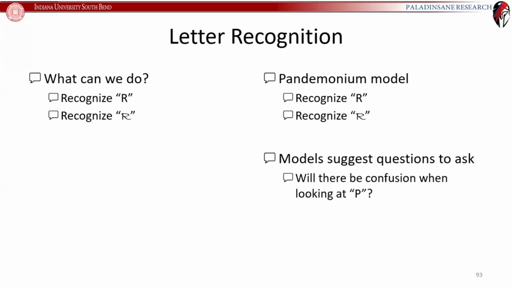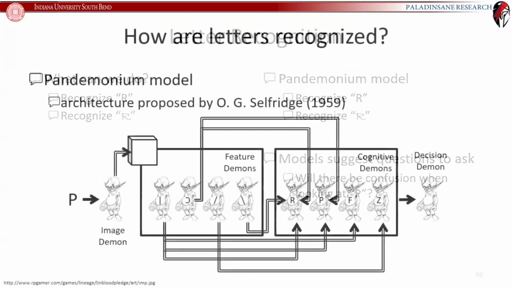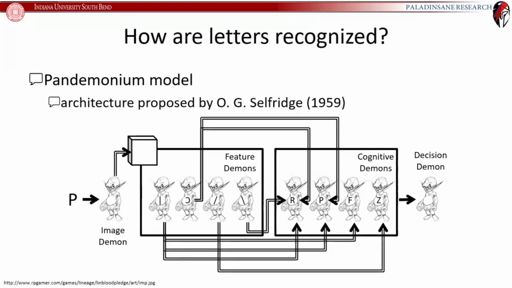A really nice way of testing whether you understand how this pandemonium model works is to take a look at whether the model in this case says that we can recognize the letter P, or does it say that we are going to be confused for the letter P?